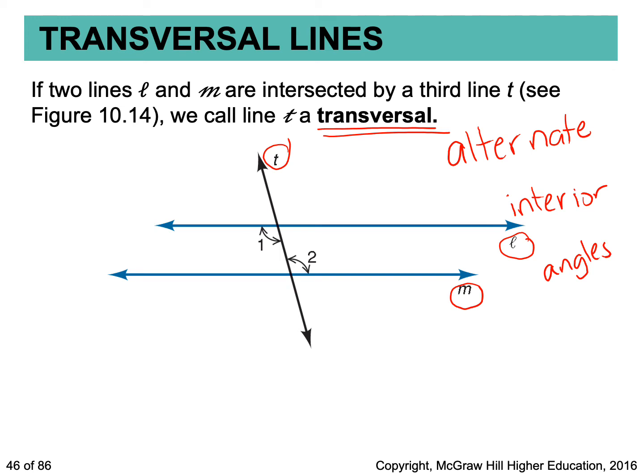Right? They are alternate because they are on opposite sides of the transversal. And they are interior because they are inside the parallel lines. So angles 1 and 2 are alternate interior angles.